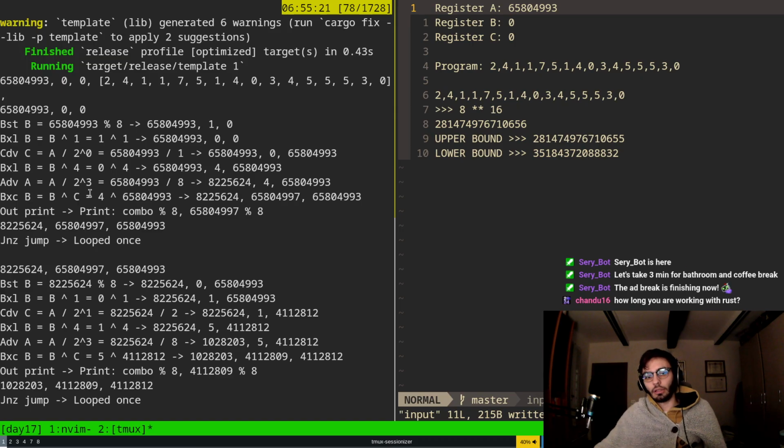Okay, the operations would be divide A by 8, or B. Well, let's go backwards a little bit. So my print would be starting at 0. I would want it to be, I think, at 0.